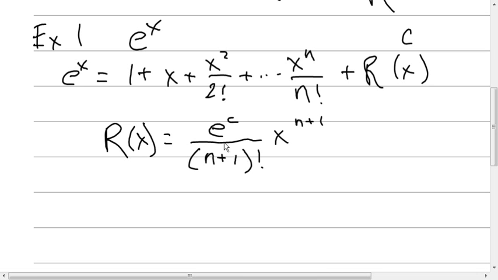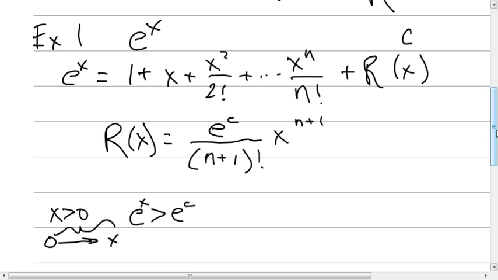Let's just pick one case where we've got a situation where x is greater than 0. Okay, therefore we know that here's 0 where we're centered at. There's x. C has to be intermediate in between here. So we know that e to the x is greater than e to the c. You can go through the example and look at other cases, but this is an easy case to illustrate my point.